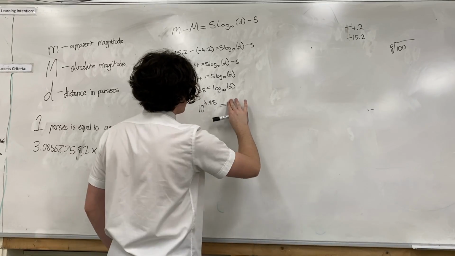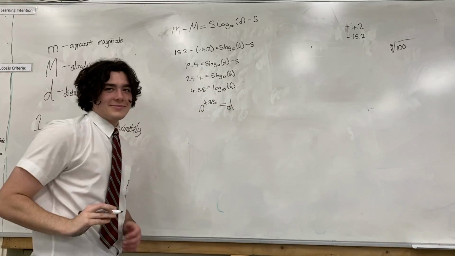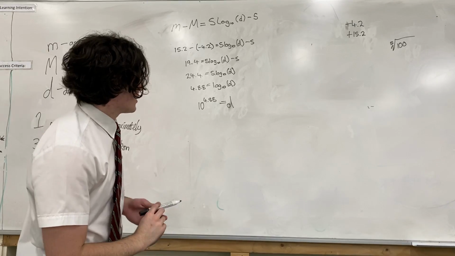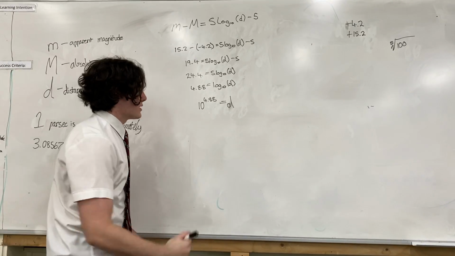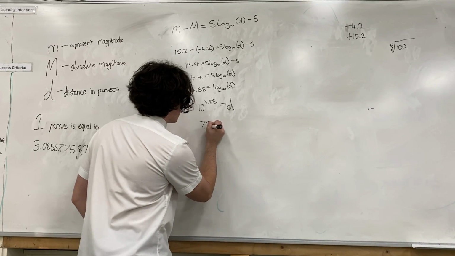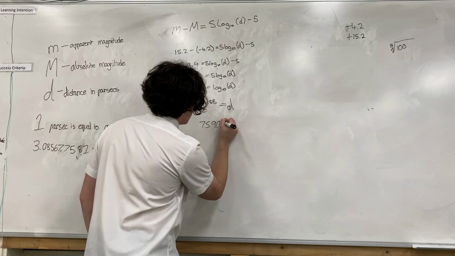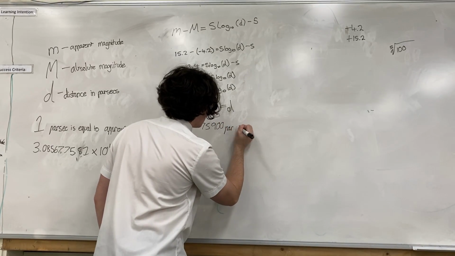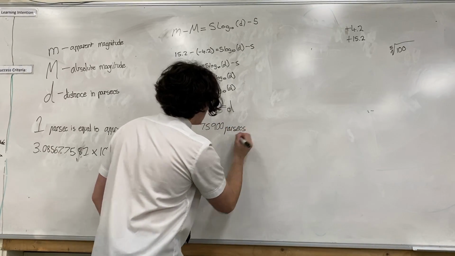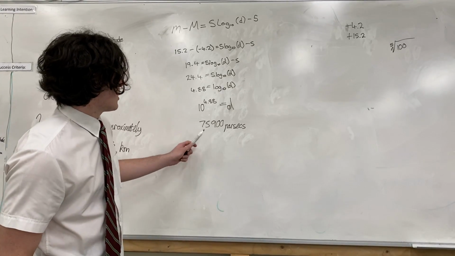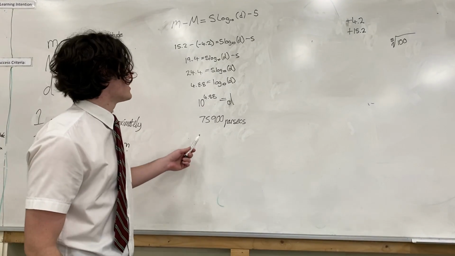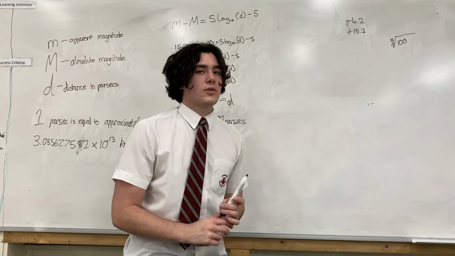When we figure this out, we can find the distance in parsecs, which is approximately 75,900 parsecs. So this gives us how far away the Cepheid star with the apparent magnitude of 15.2 is.